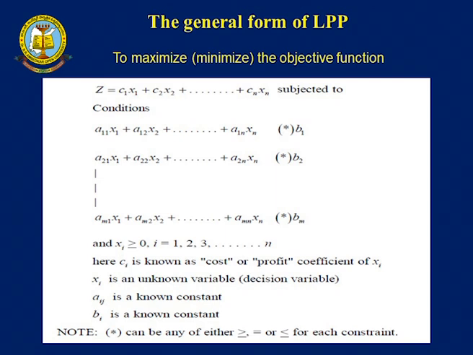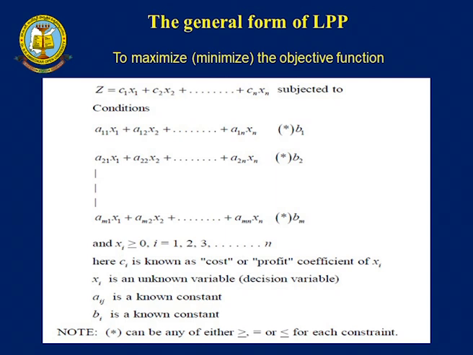Here I put the symbol star. That star indicates any of these three formats. It may be greater than or equal to, less than or equal to, or equal to. Any one of these three inequalities or equality must exist at the star mark. That is, star equal to b1.